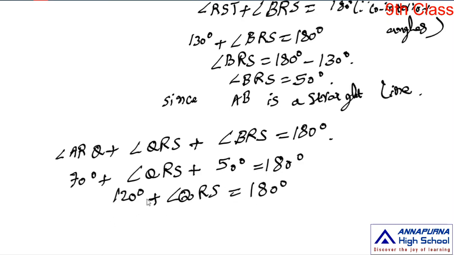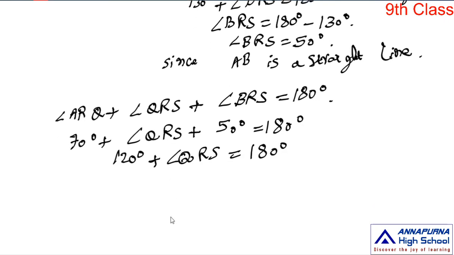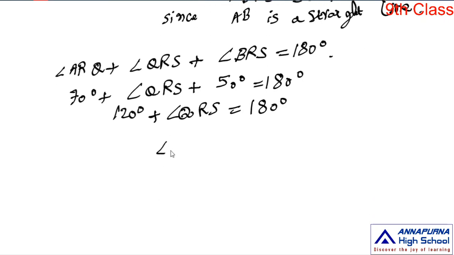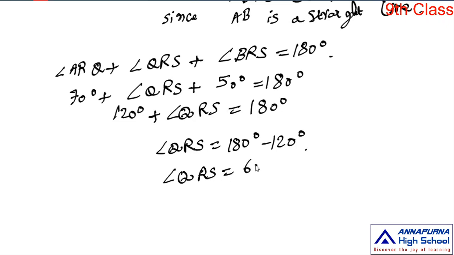Transpose 120 degrees to right side. So angle QRS is equal to 180 degrees minus 120 degrees. Therefore angle QRS is equal to 60 degrees. This is the fourth problem.